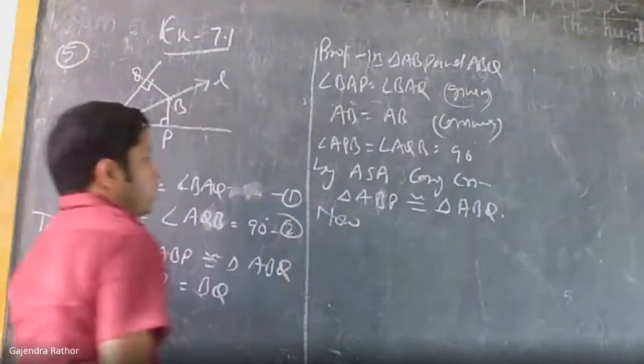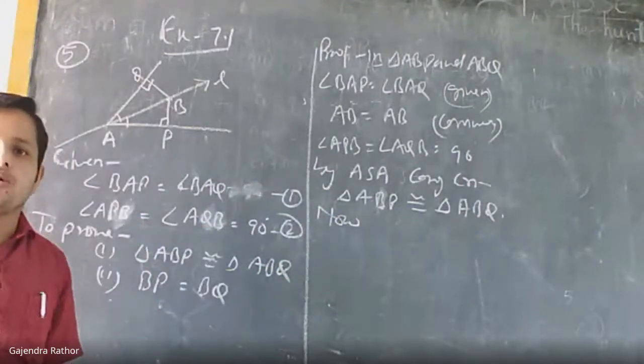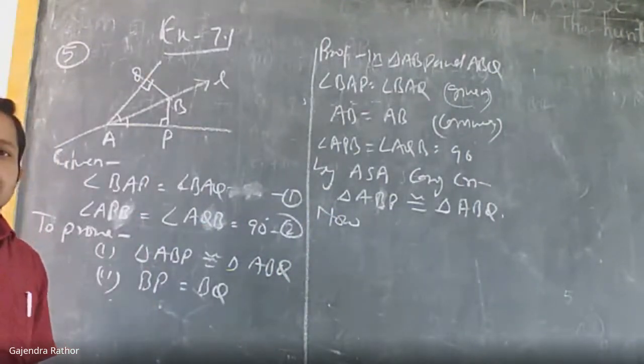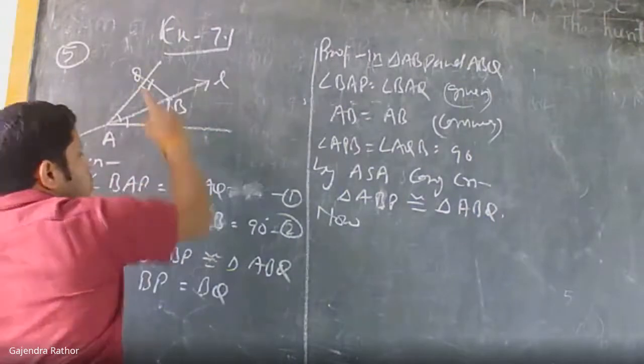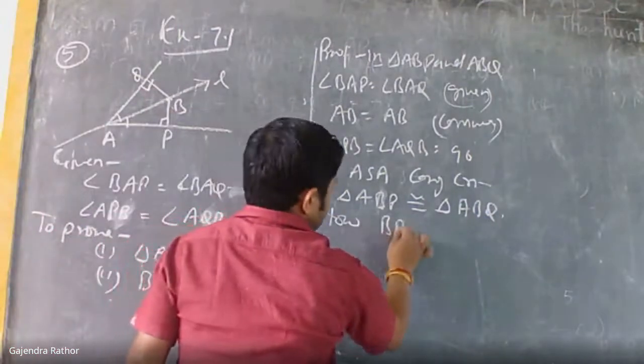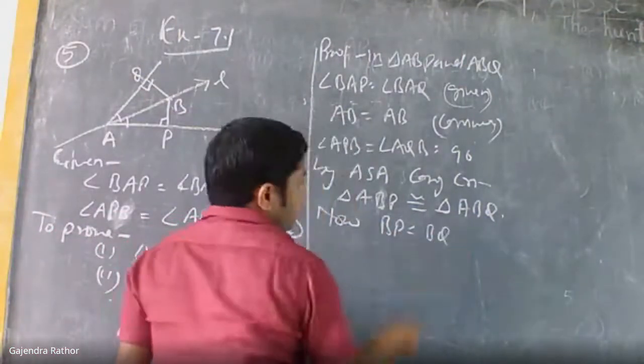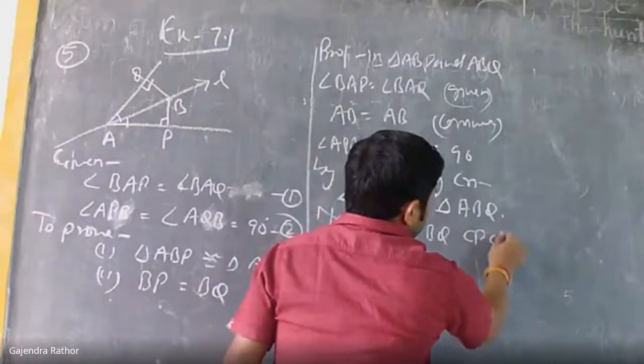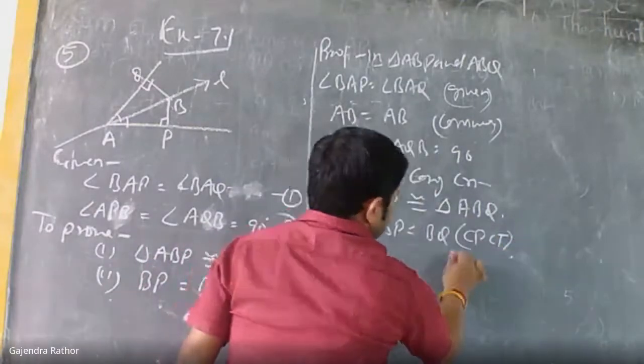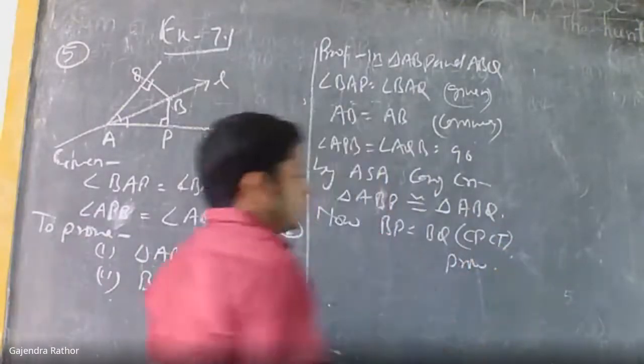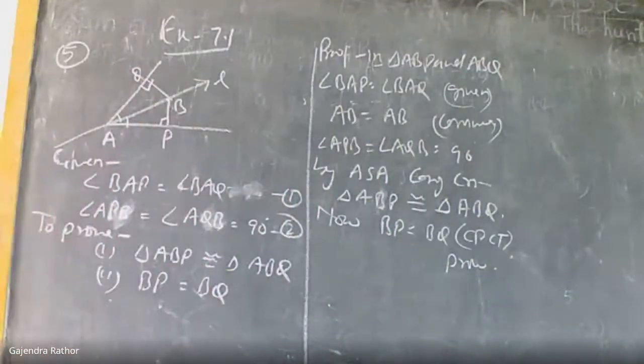Now, if triangles are congruent, we know that their corresponding parts will also be equal. So BP is equal to BQ. We can write in the bracket CPCT. That is the proof.